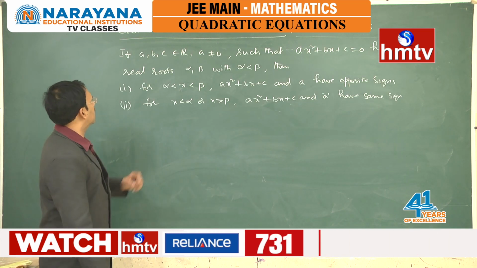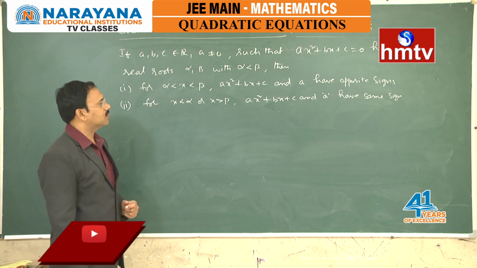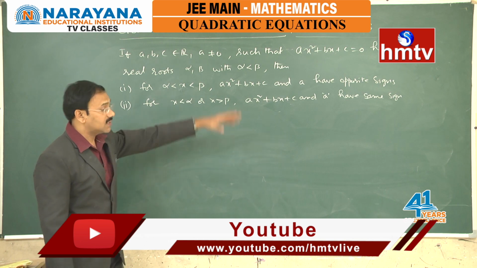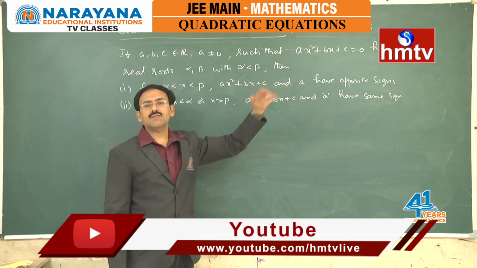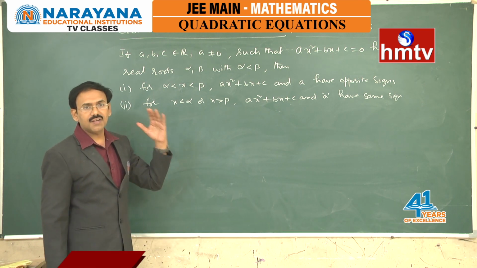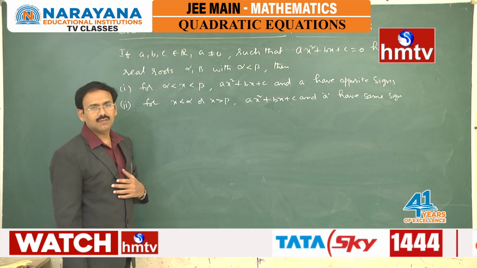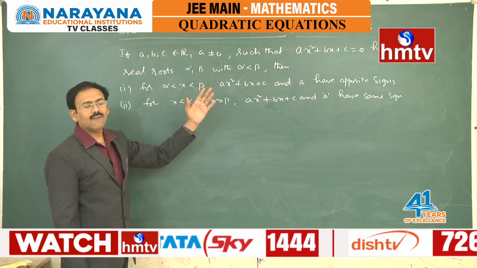Now, you see this statement: a, b, c are real numbers and a not equal to 0, such that the quadratic equation ax square plus bx plus c equal to 0 has real roots, that means delta positive, say alpha, beta, with alpha less than beta.